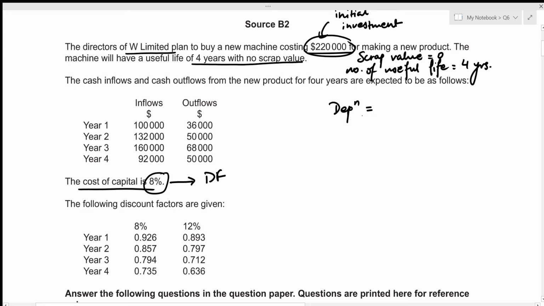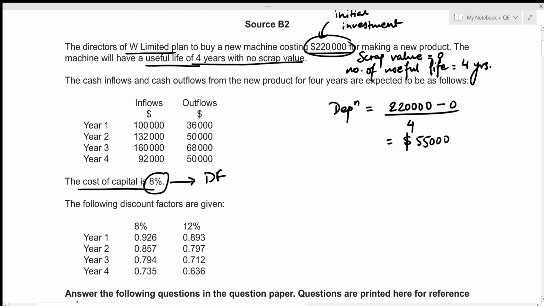We are given that the machinery will have a useful life of 4 years with no scrap value, meaning that we will be charging our depreciation on a straight line basis. On a straight line basis, that's just going to be the initial investment minus scrap value divided by the useful life. We know that our initial investment is 220,000, the scrap value is 0, divided by 4. So this gives our depreciation for each year to be 55,000.